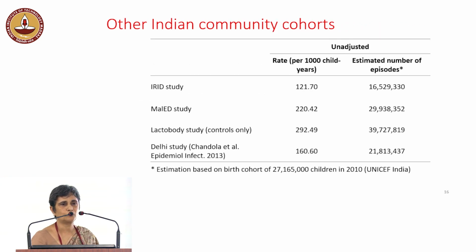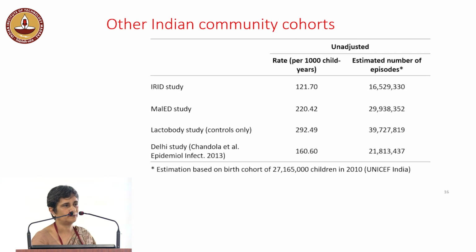We were able to back up this information by other cohorts that we studied, and one other cohort that was studied specifically in Delhi. That ability to have multiple sources of data allowed us to come up with an estimate of the number of episodes that happened in the birth cohort in India, and that varied from about 16 million to 39 million.